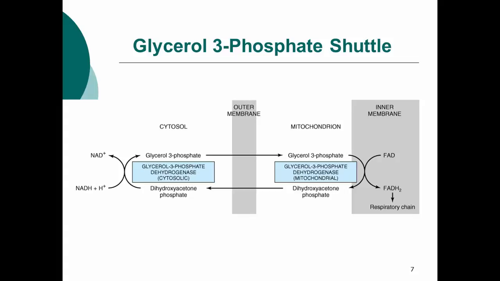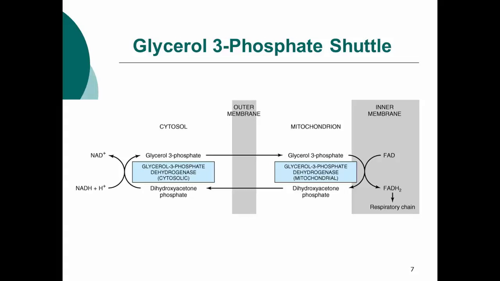And glycerol 3-phosphate passes electrons from NADH to FAD, generating FADH2. So glycerol 3-phosphate is able to pass through the outer membrane, and passes the electrons from NADH to FAD, generating FADH2.